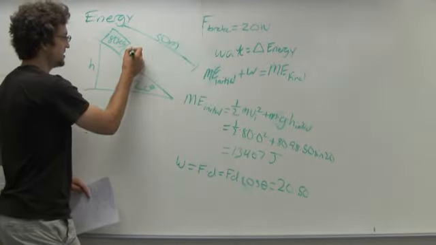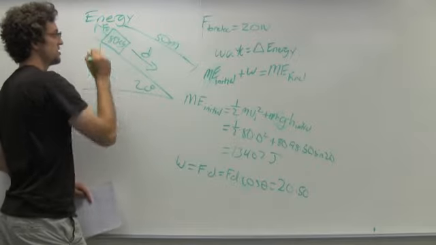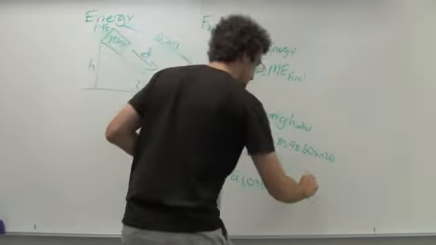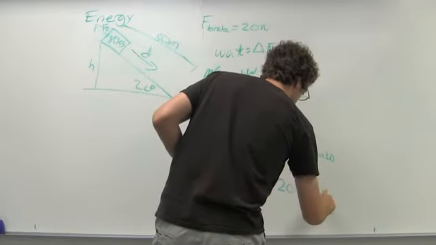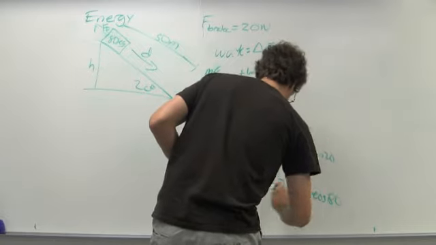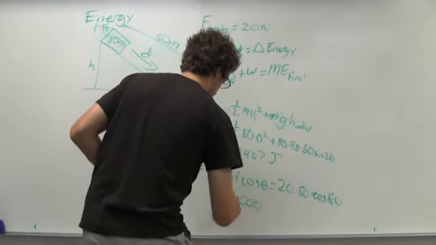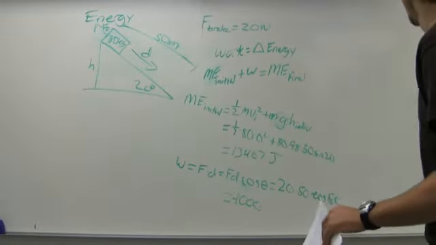Our distance is this way, and the force of friction is going to be that way. So we get cosine of 180, and it comes out to be negative 1,000. Again, negative 1,000 makes sense because we lose energy to friction.